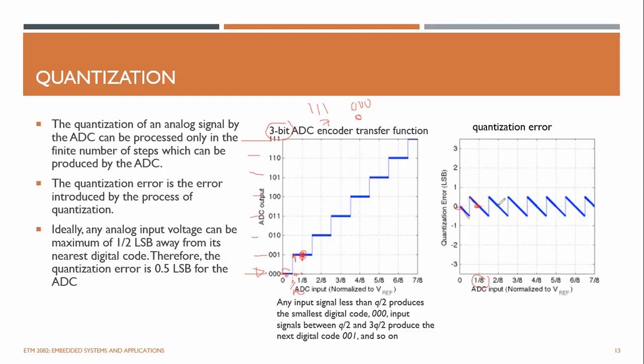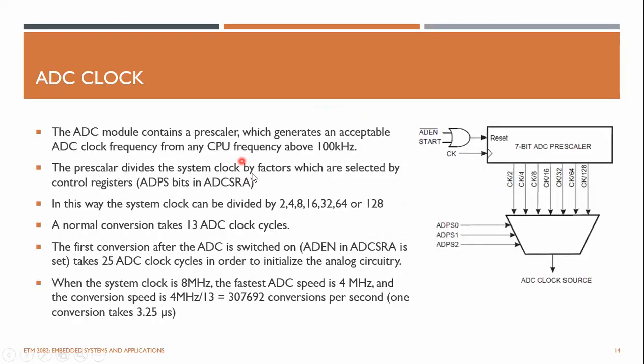Here also no error, here also no error. But any value between those, you will have a quantization error. If you need to reduce the quantization error, you need more bits, more ADC resolution. So these are the basic definitions of ADC which you need to know about.